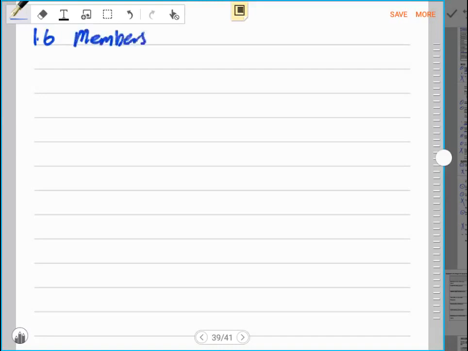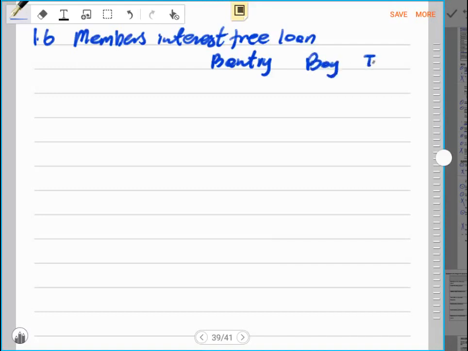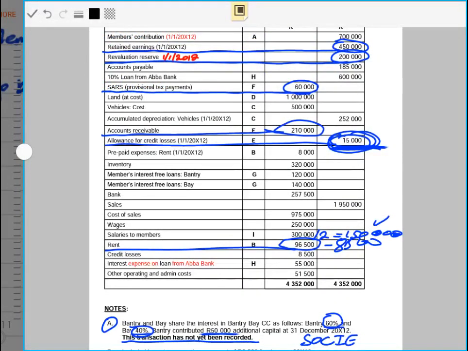And we have two members here. Members' interest-free loan, and the members' interest-free loan is for two members, P3 and B. Then after the total, we have the opening balance of the loans, and the opening balances of these loans are from the trial balance.